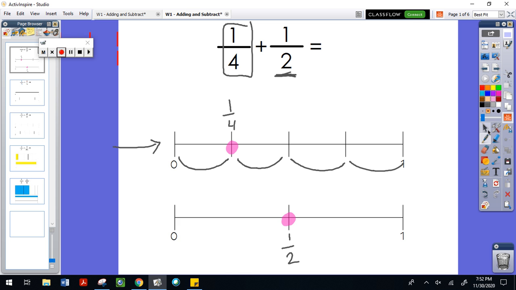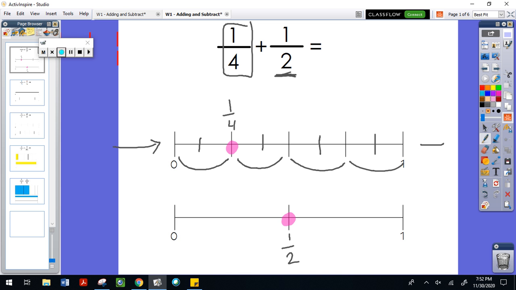So I'm going to add a line right there, and now I have two smaller pieces. I add a line right there, and I have two smaller pieces. Add a line right there, and I have two smaller pieces. And add a line right there, and I have two smaller pieces.